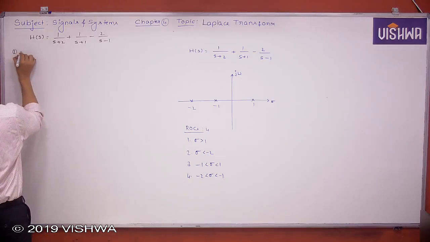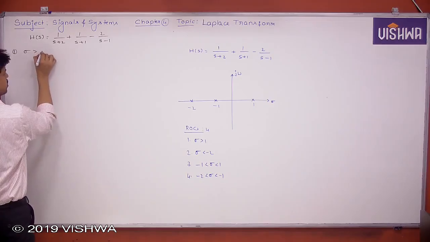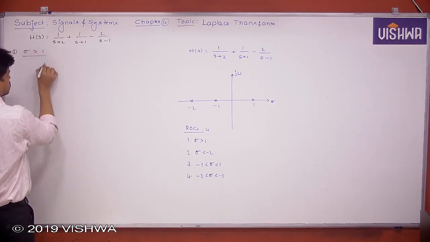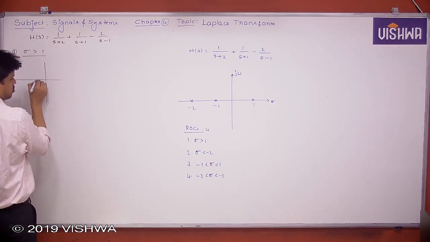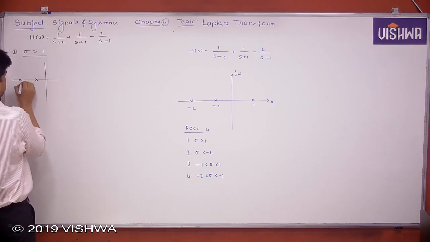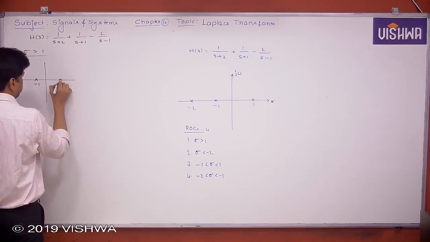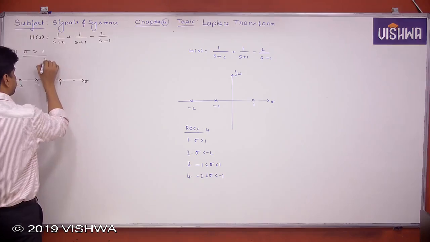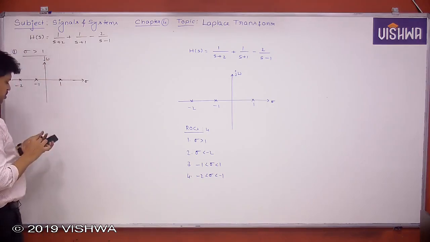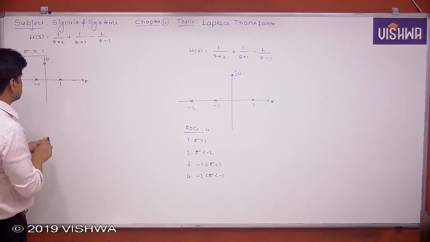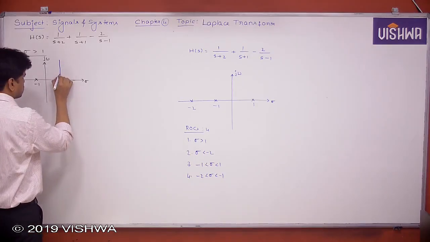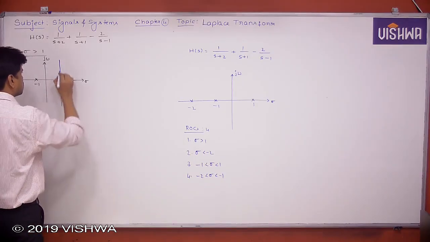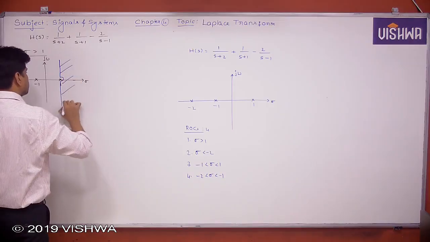First, sigma greater than 1. This is the ROC.